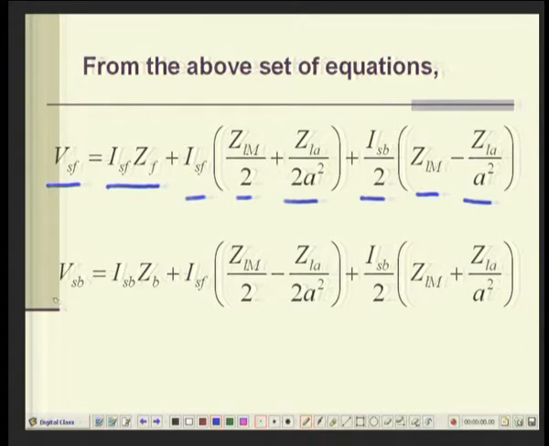And VSB is ISB ZSB, this is the backward, ISF by 2 ZLM minus ZLA by A square plus ISB by 2 ZLM plus ZLA by A square.